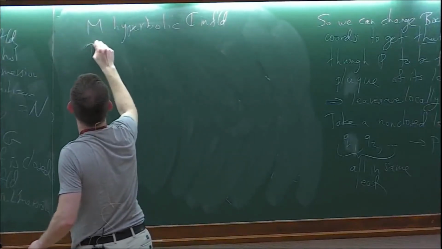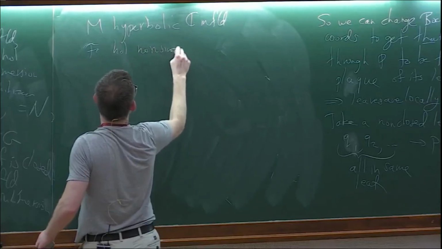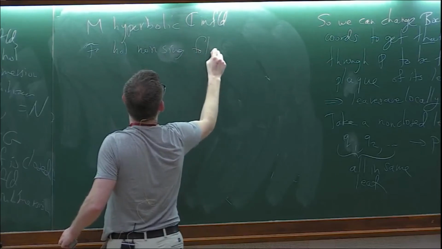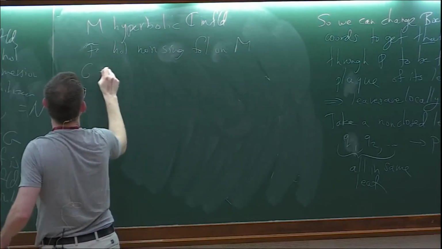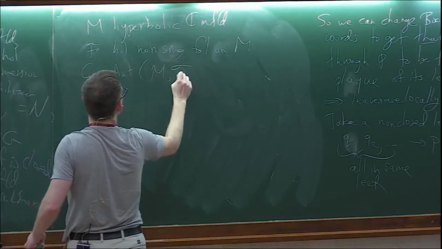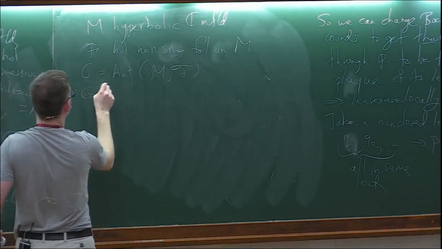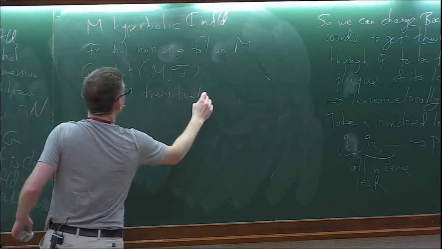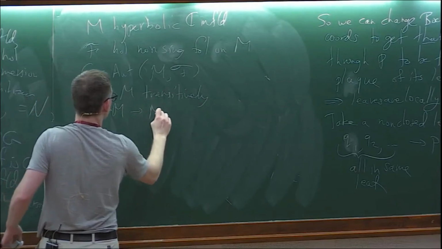F was a holomorphic non-singular foliation on M. And G was the automorphism group, or biholomorphism group, of M preserving the foliation. And we assume that G acted on M transitively. And we let pi take M to N be the leaf map.